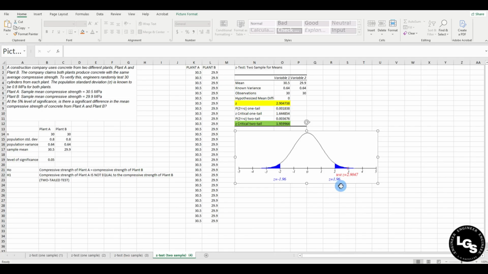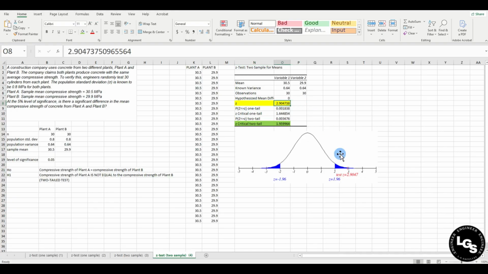We have positive 1.96 and negative 1.96. And the computed z value, 2.9047, falls in the right tail of the critical region. You can see it here.